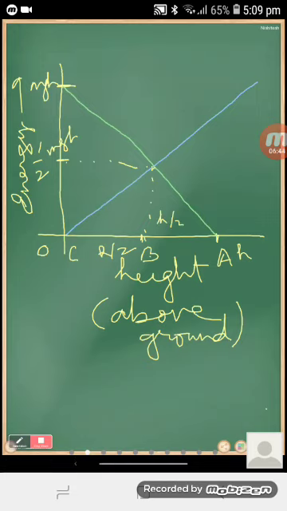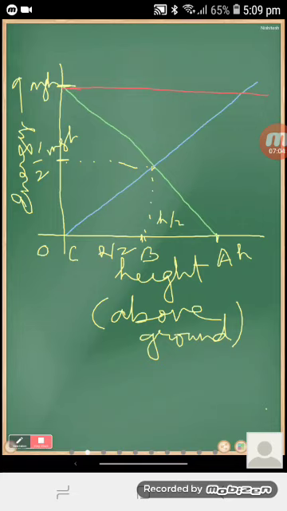So as the height is increasing, the kinetic energy is going to decrease. But throughout this, the total energy remains conserved.